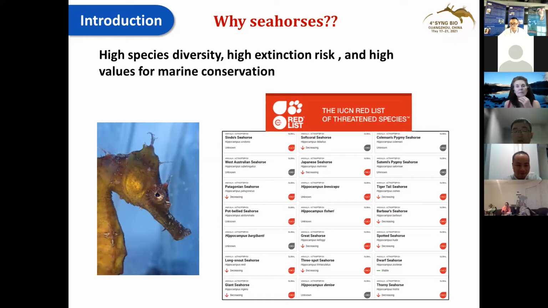Firstly, seahorses are widely distributed around the world except the polar cold areas, and also seahorses have weak swimming abilities because of their unique body shape, and rafting dispersal with a prehensile tail. And also seahorses have little pelagic period because of their male pregnancy.